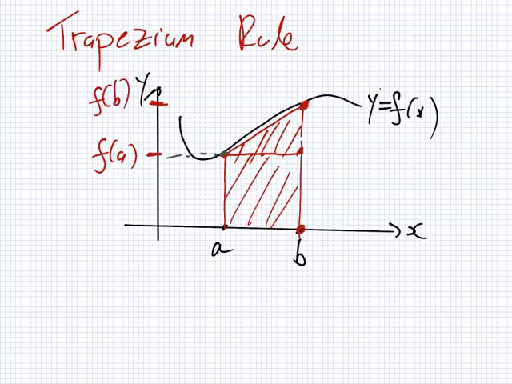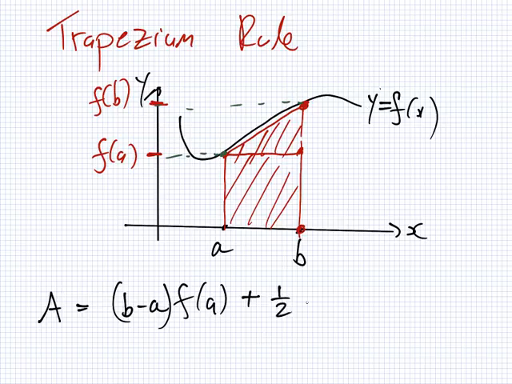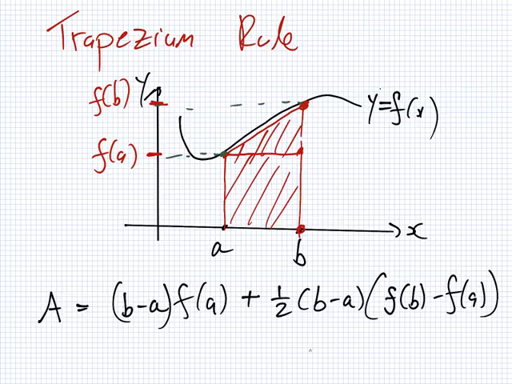So the area would be (b minus a) times f(a), plus a half (b minus a) times (f(b) minus f(a)), like that. Is that okay? Yes, because there's a half the base by the height.